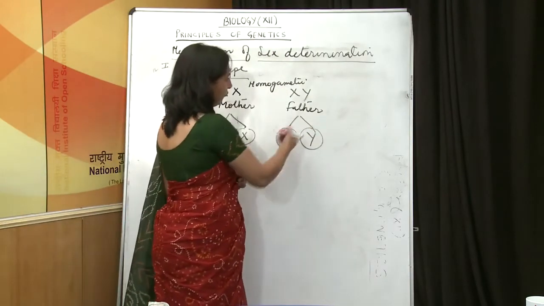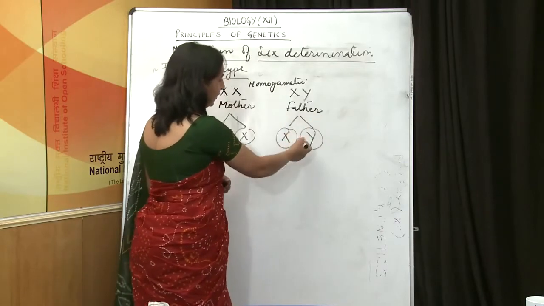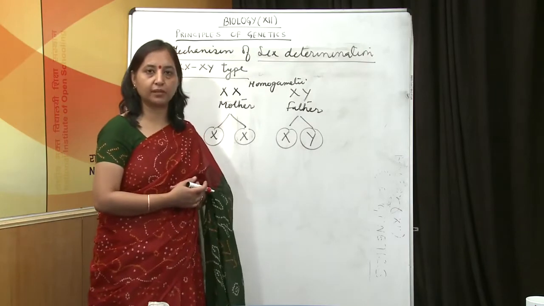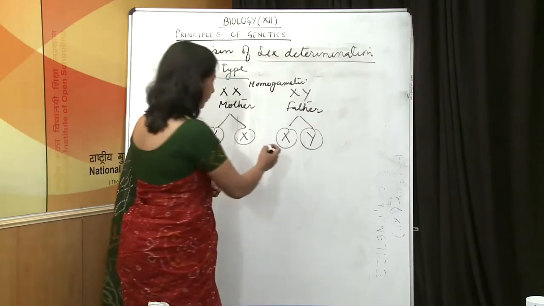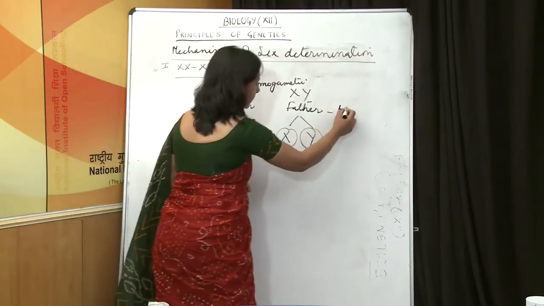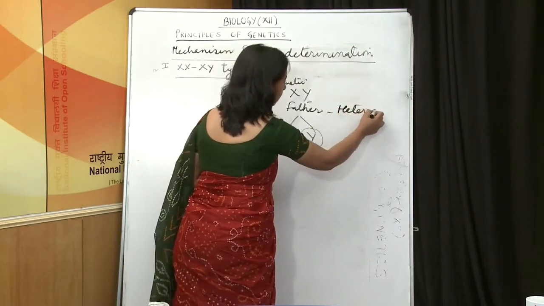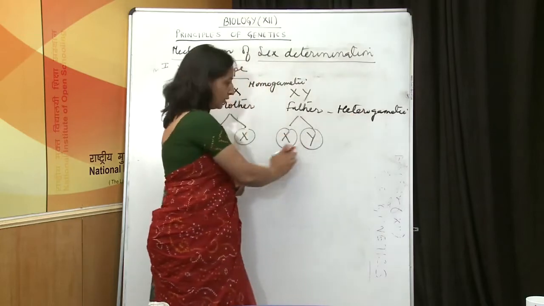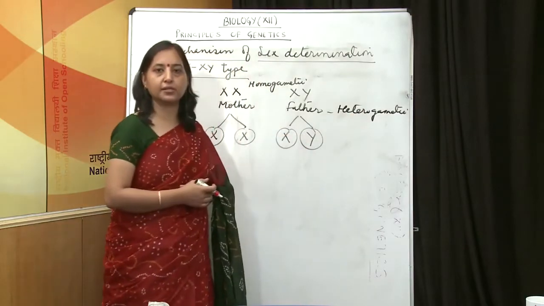In the case of males, the father, 50% of the sperms would have the X chromosome and 50% of the sperms would have the Y chromosome. Males are said to be heterogametic. Hetero means different. They produce two different kinds of gametes.